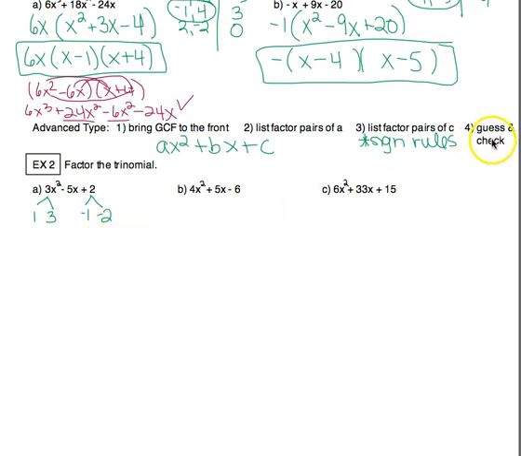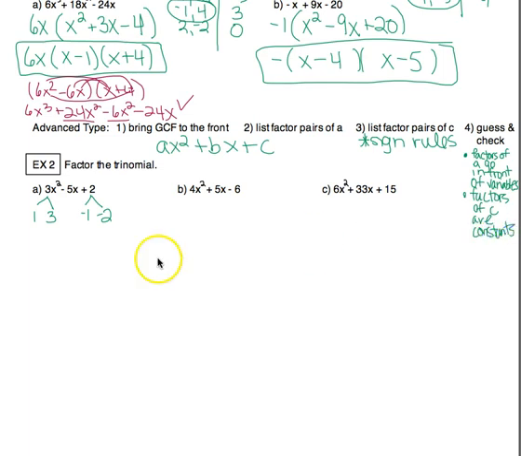Now, step 4 is to guess and check, and how you do that matters. So the factors of A go in front of the variables. Your factors of C are the constants of the binomial.